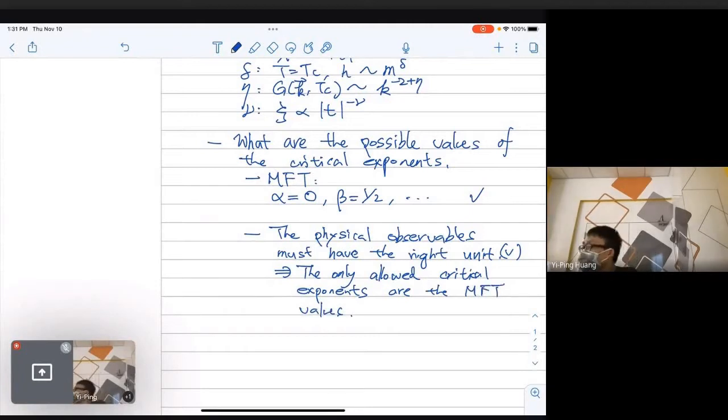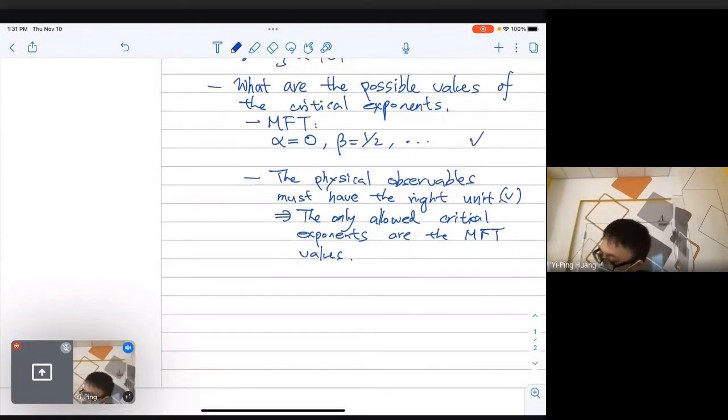Okay, so why did we go through that? Because we want to make sure that no matter what kind of theory we are trying to explain, it needs to satisfy the simple dimension analysis.